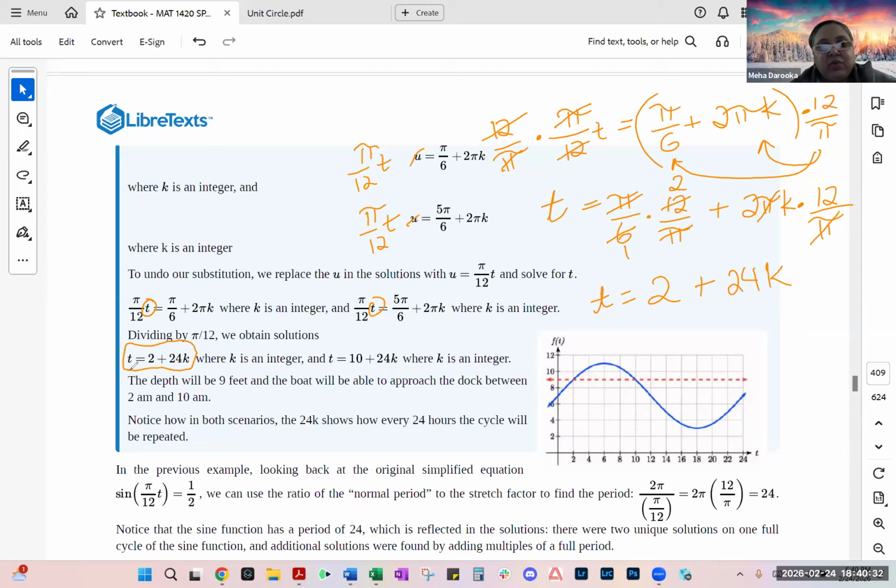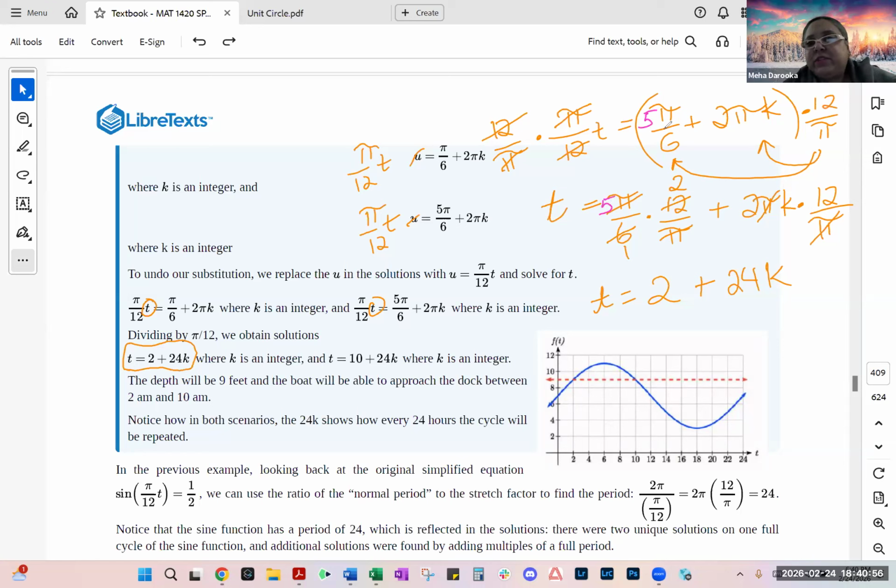Now, if we had to do this with the 5 pi over 6, we can actually just modify this. I'm trying to use a different color so I can show you a quick difference between the calculations here.